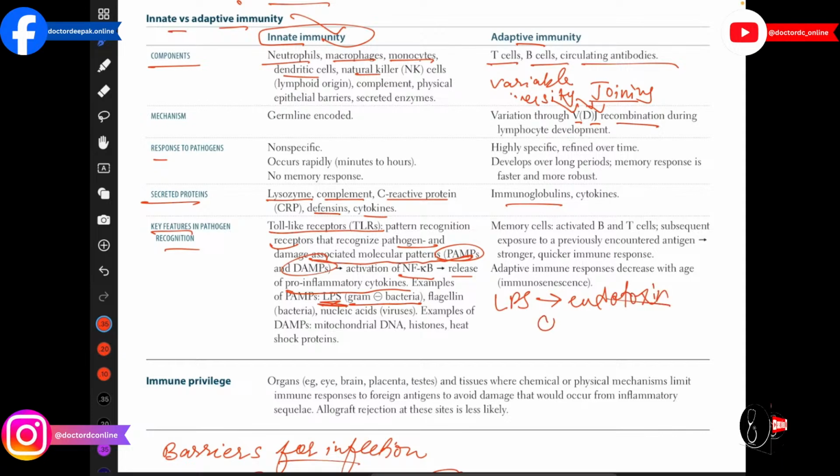It binds with CD14 on macrophages, and then it triggers toll-like receptor 4, and then it initiates interleukin 1, 6, 8 and tumor necrosis factor. Understand? And similarly, we have more, like flagellin and also peptidoglycan.